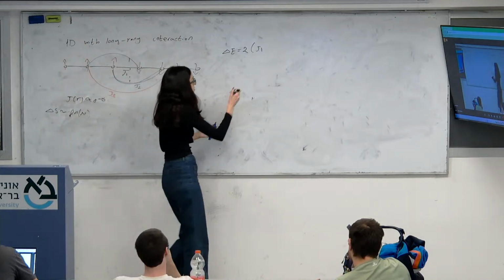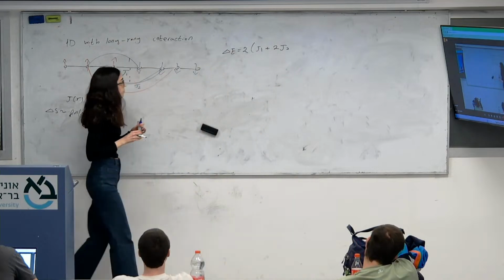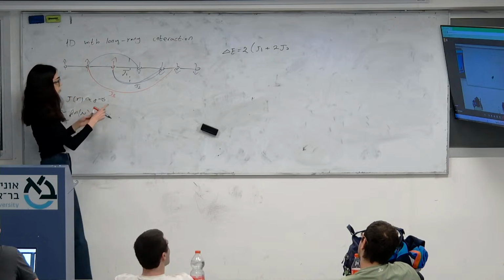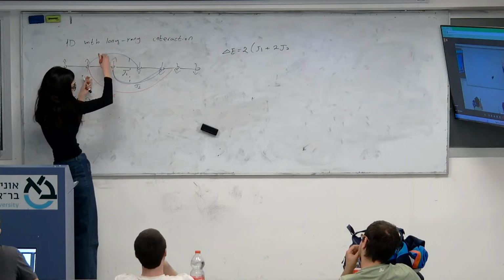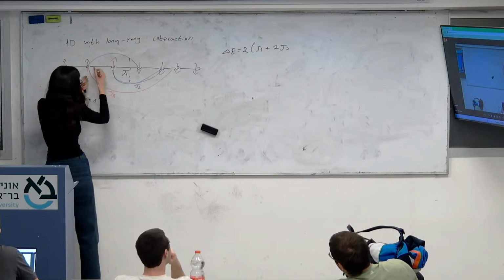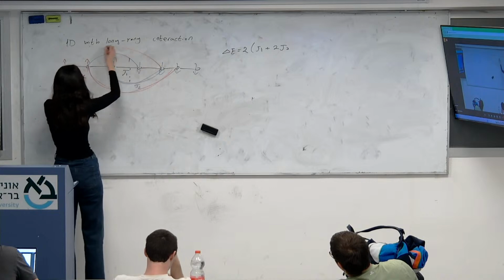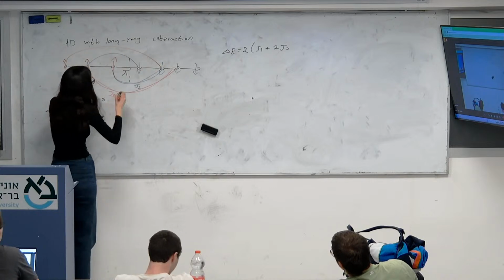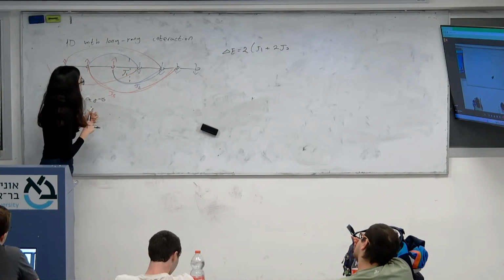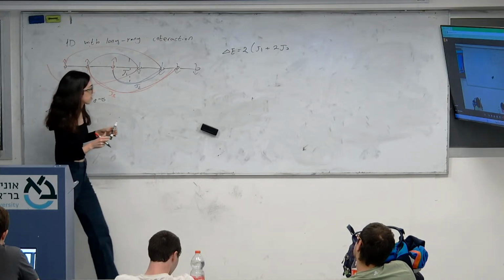So I'm going to have 2 multiplied by J2. And then if I go to the next interaction, where I look at 3 spins away, this one interacts with this one, and this one with this one, and this one with this one, and I think that's it.